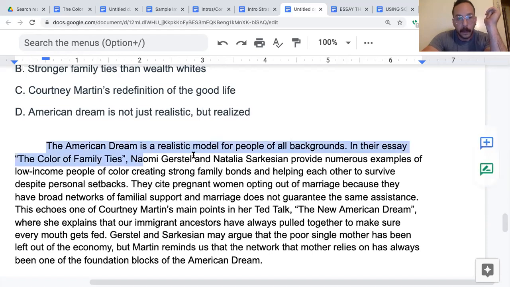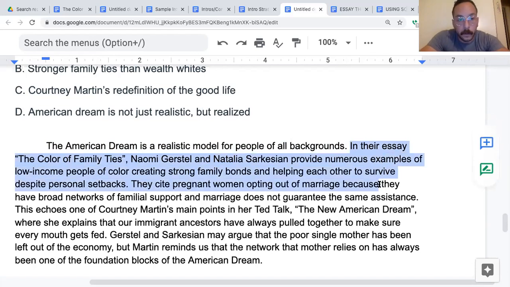First, my topic sentence right here. My topic sentence here, right? That the American dream is realistic for people of all backgrounds. Now, my support comes from 2 different sources. In one source, I name a specific example of support that they mention in a couple of sentences.